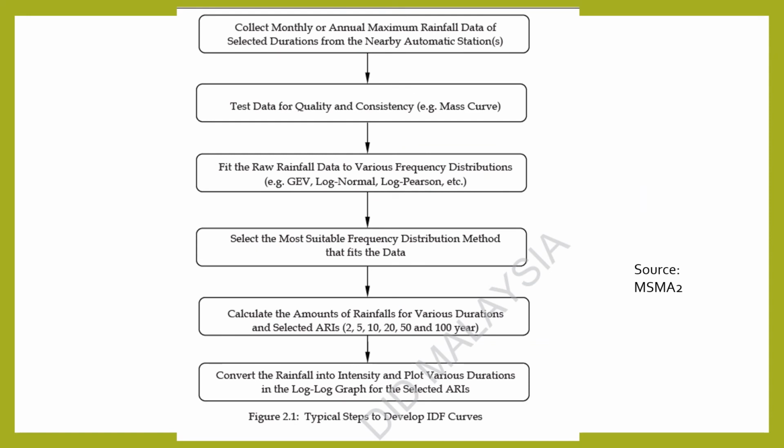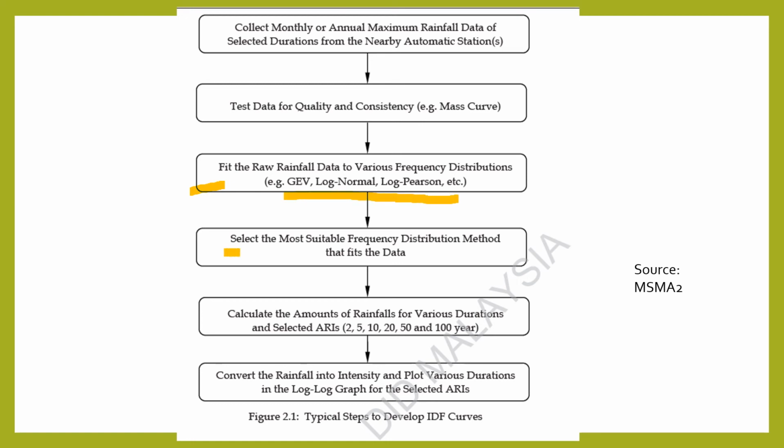If you see in MASMA, the Malaysian Stormwater Manual, it shows the typical steps to develop the IDF curve. This is actually a frequency analysis, the same thing that I showed you before. We have to collect some data, get the annual maximum, and then of course test the quality and consistency of the data. Then we fit the rainfall data to various frequency distribution models. Which one fits your data the best?